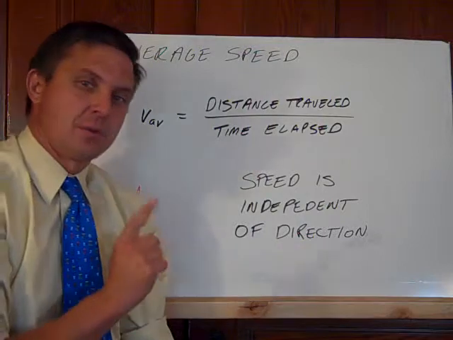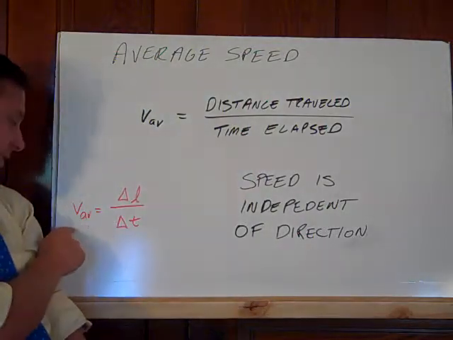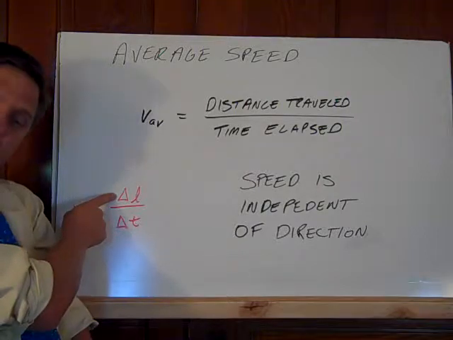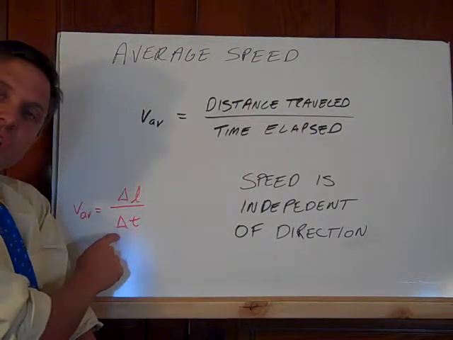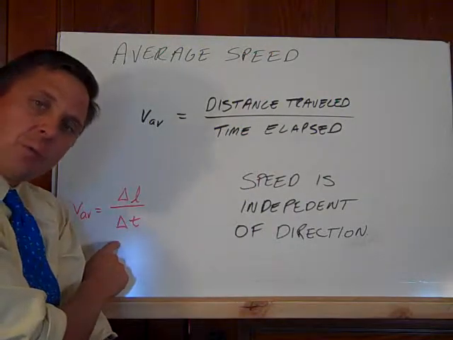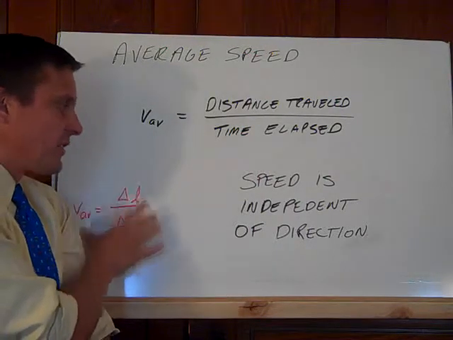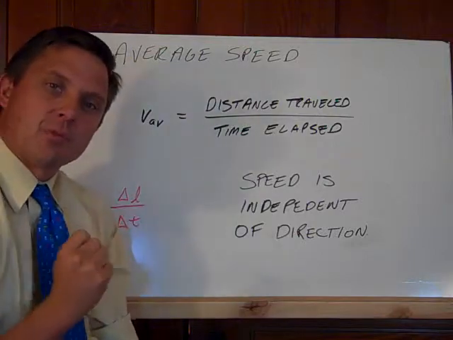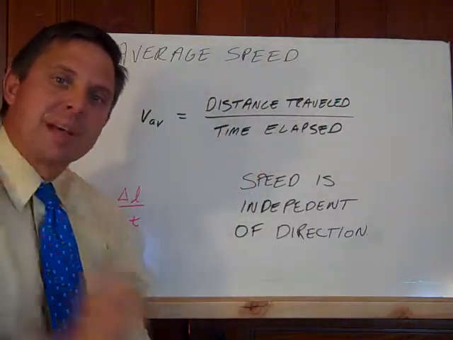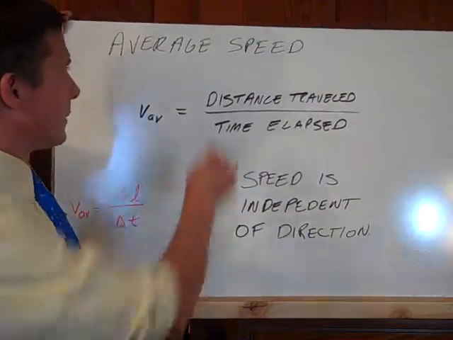We call this V average, the change in distance, delta L, over the change in time, delta T. And this is the first formula for your formula sheet. It does not care about direction. 5 meters, 5 meters, it is independent of which directions those are.